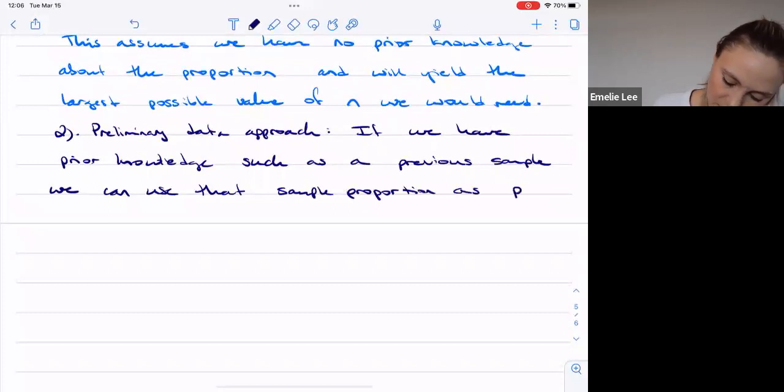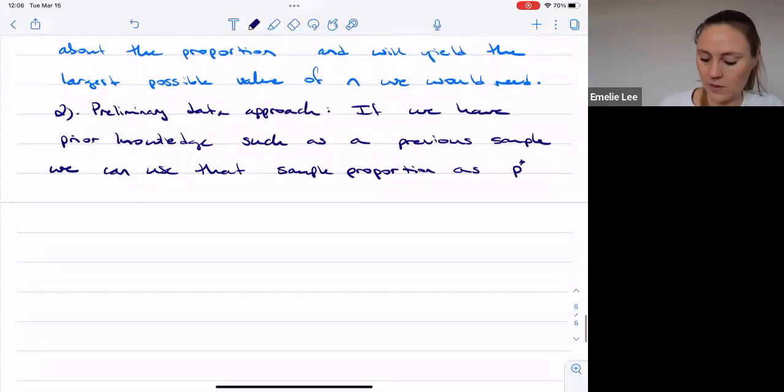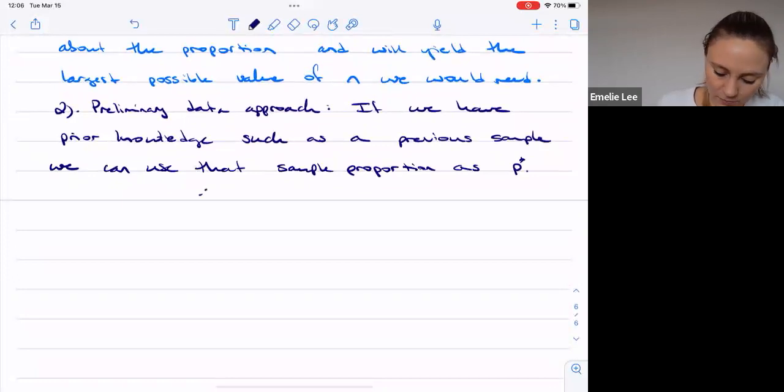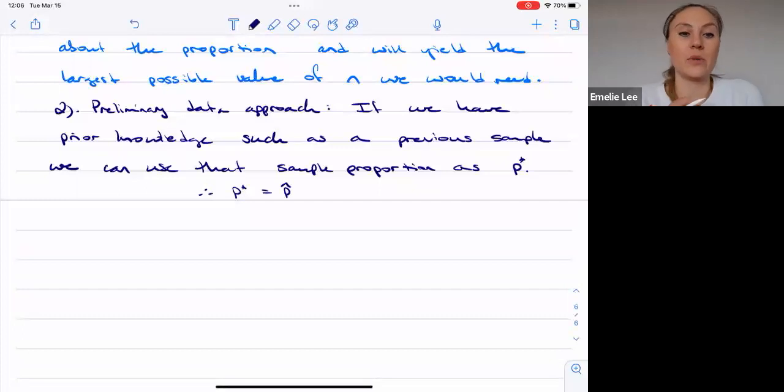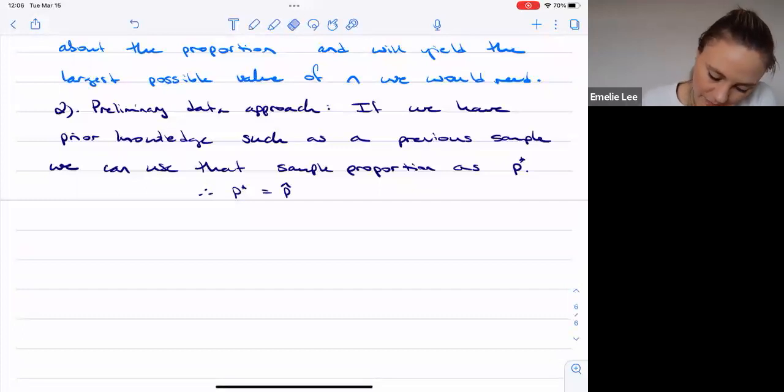Therefore, p star would be p hat from that previous sample.